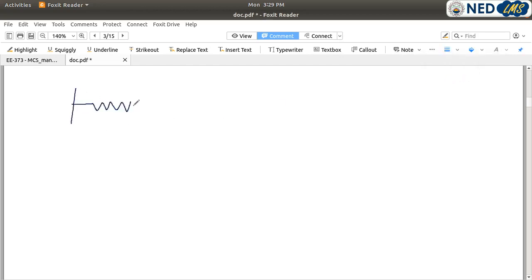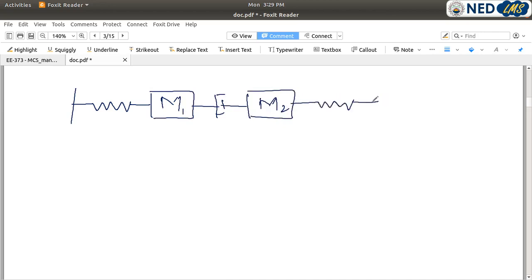Here spring, mass M1, damper, M2, and spring.